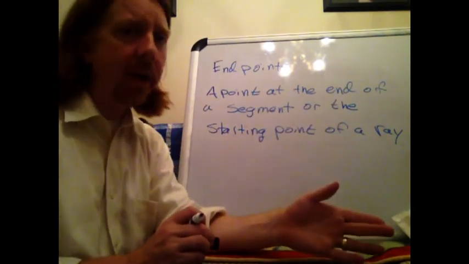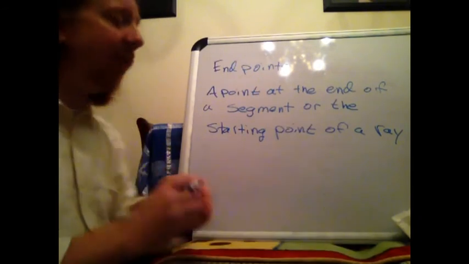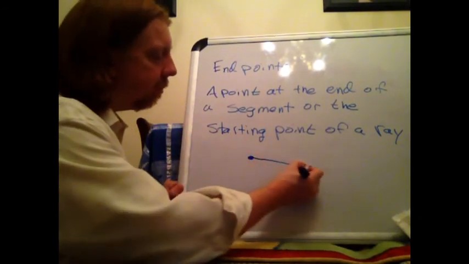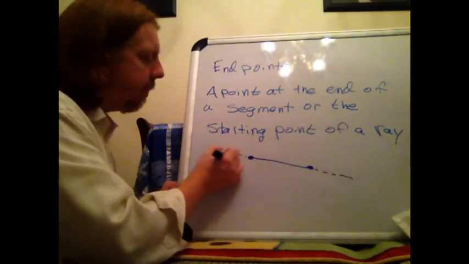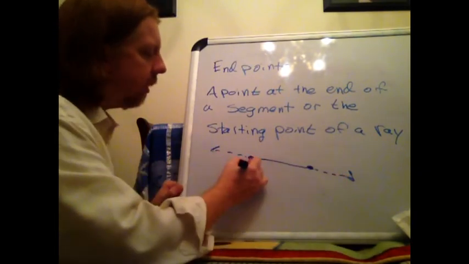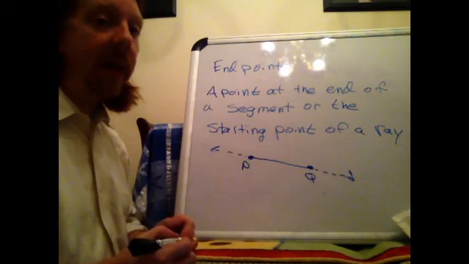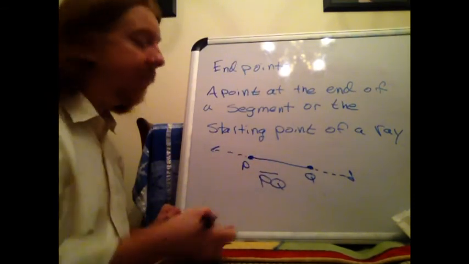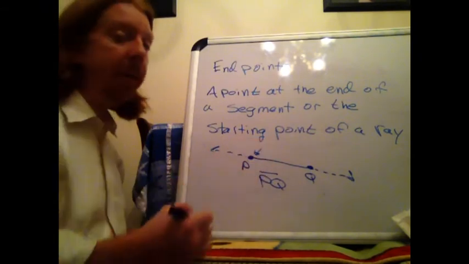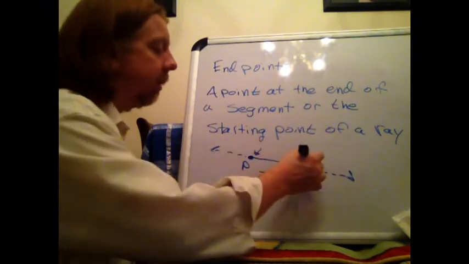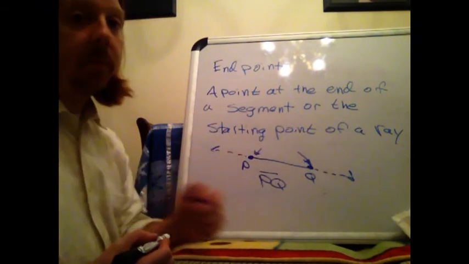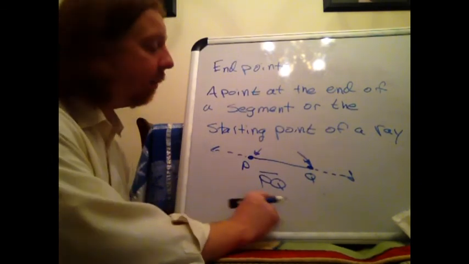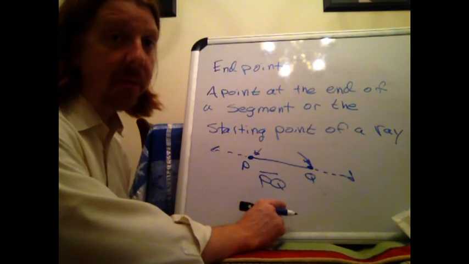Now we'll define ray in a moment. But when we talk about a segment, so here's a point, here's part of the line between them. The segment would refer to segment PQ. That means that this right here, point P, would be the endpoint, as would Q. Segments have 2 endpoints. They're usually part of its name. That's so you know where the segment starts and stops.